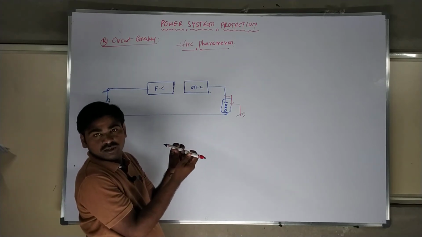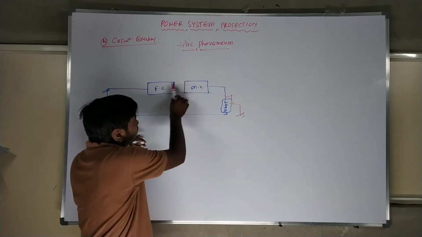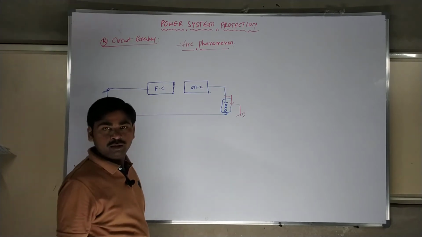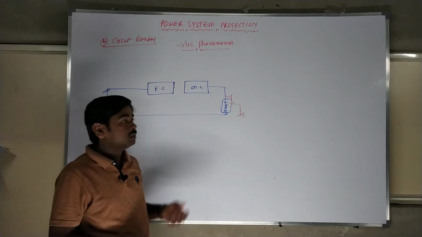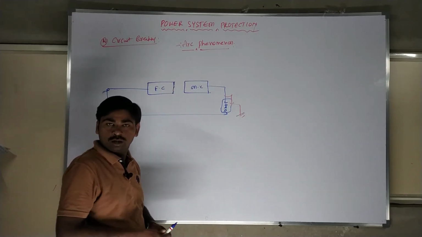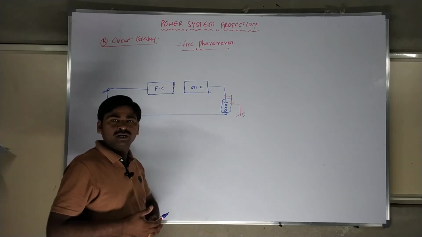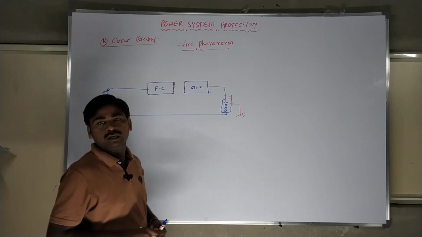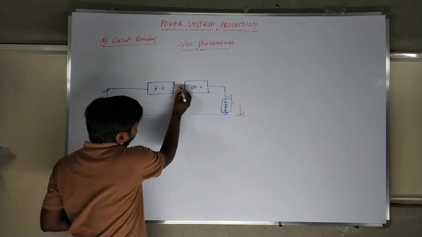This potential difference ionizes the air molecules between the fixed and moving contacts. That ionized air acts like free electrons, and it provides a partial path between the fixed contact and moving contact.